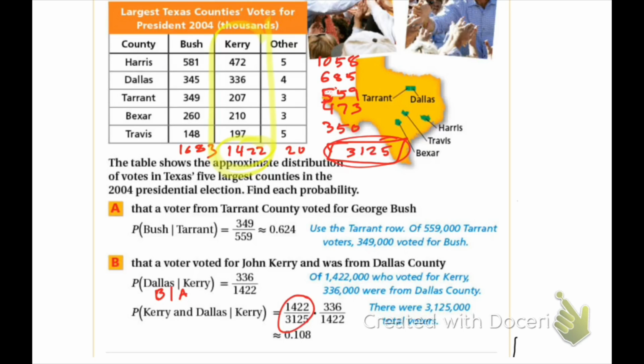That is where the 1422 over 3125 comes in. But we still have to multiply by our conditional probability that they were from Dallas County. Now we multiply those together, and that gives us 0.108, which is the probability that a voter voted for John Kerry and was from Dallas County.